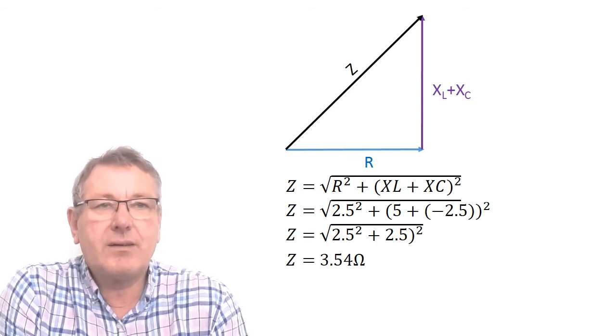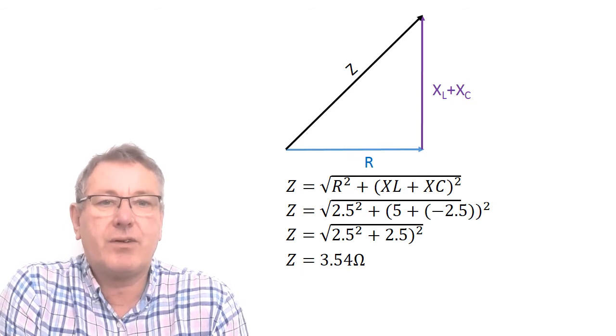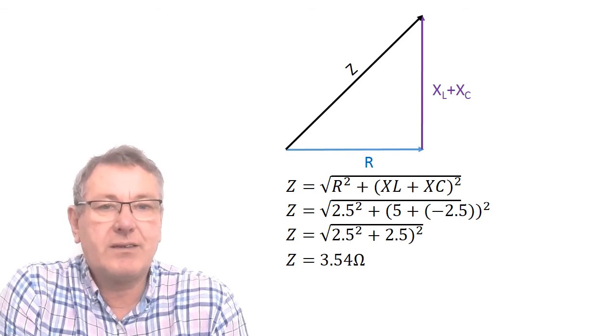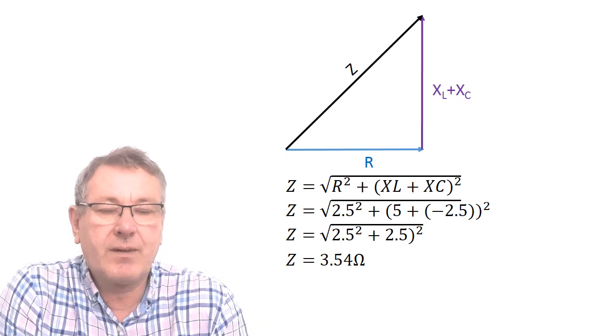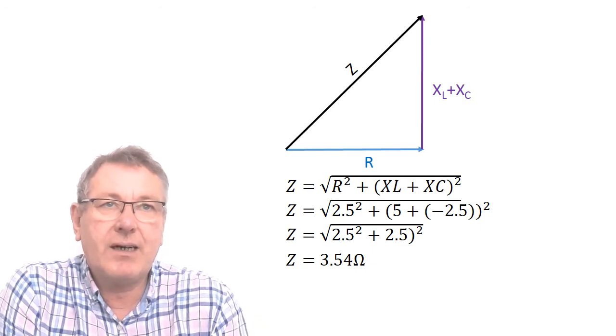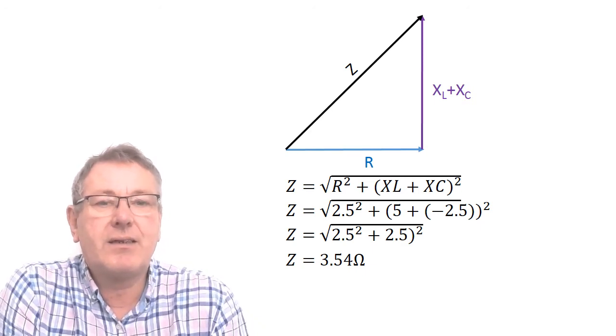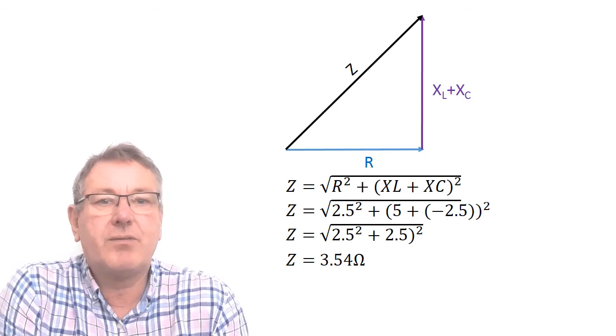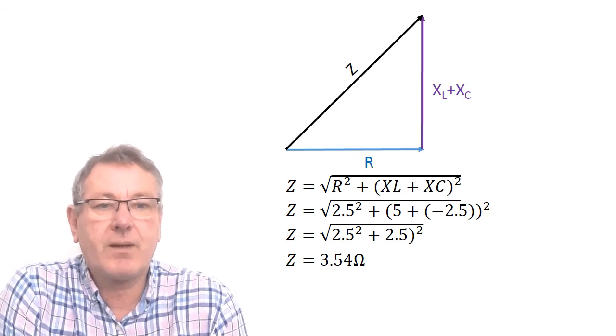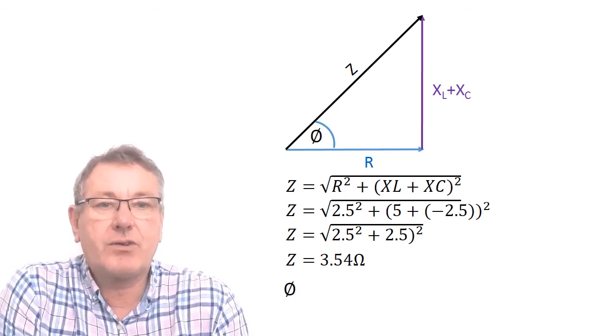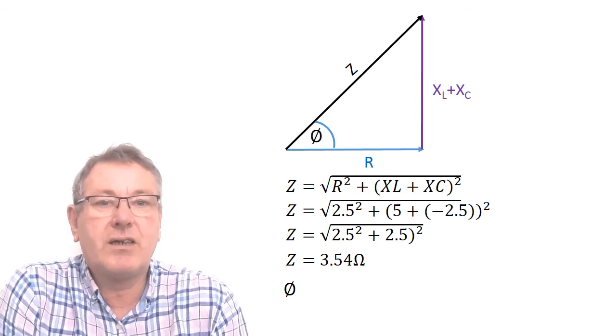Now, the impedance lines up with the voltage. The resistance lines up with the current. So the angle between R and Z is the phase difference between voltage and current. And we can work that out because we now know Z, so we can use cosine.